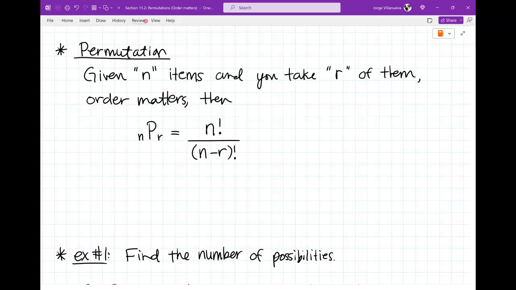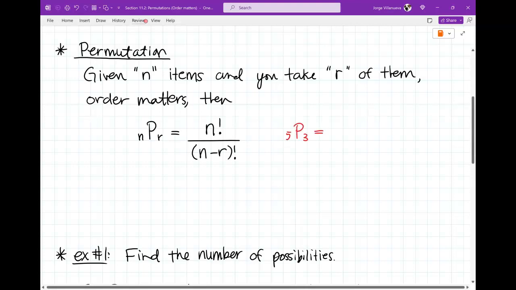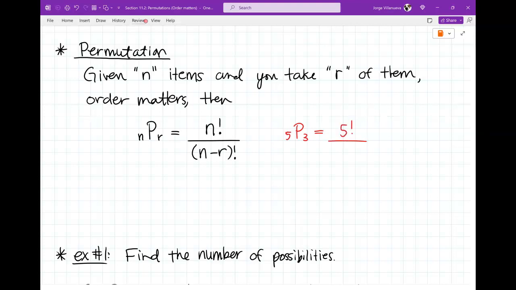Okay, so this is what the formula looks like. Now the nice thing is, your calculator can do this for you. Normally, if I were to say, let's do 5 pick 3, notice the 5 is the n value, the 3 is the r value. So it would look like this: 5 factorial over 5 minus 3 factorial.